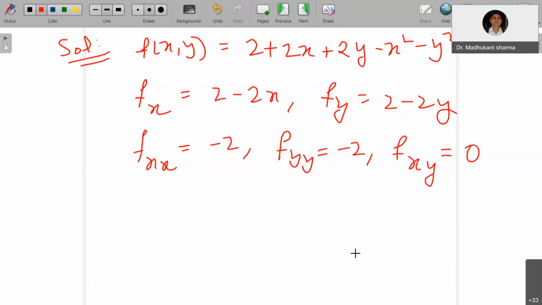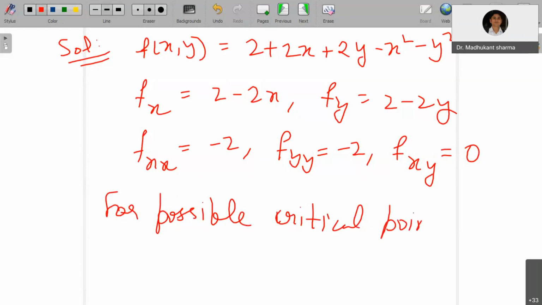Now we have to list out all the possible critical points. For critical points, we must have fx equals 0 and fy equals 0.